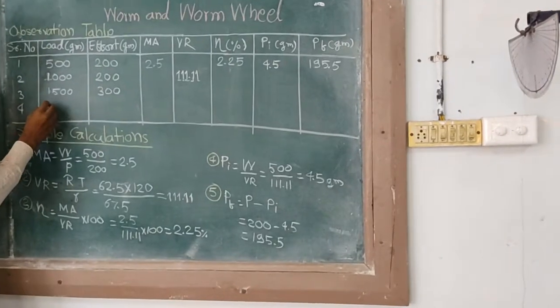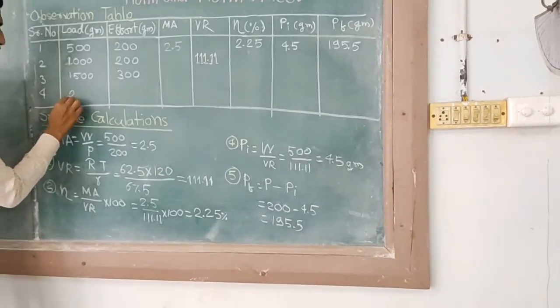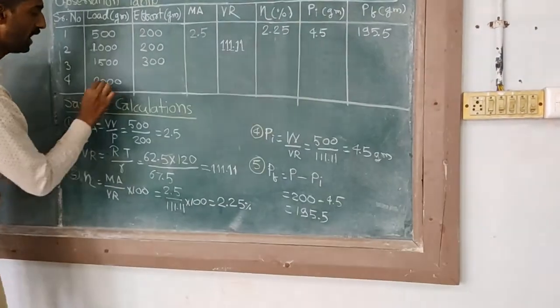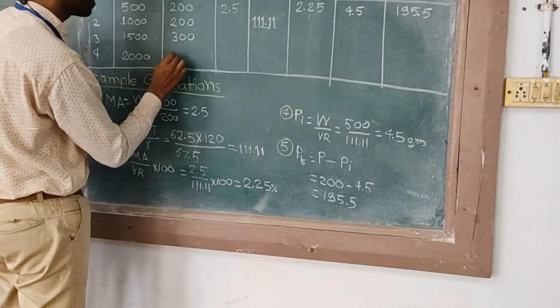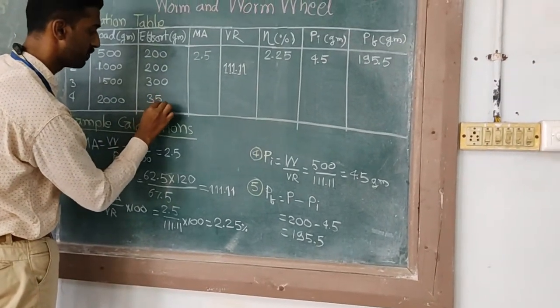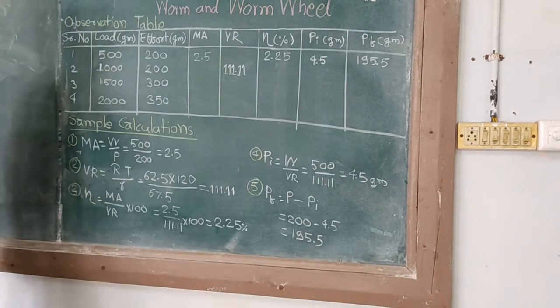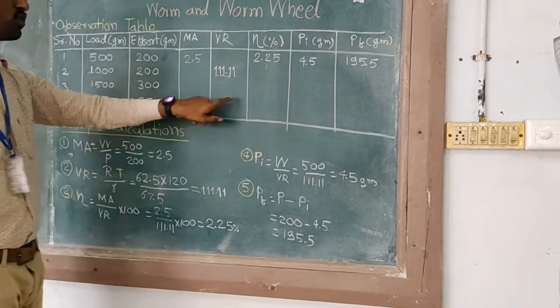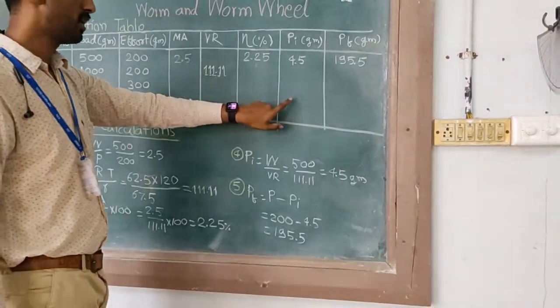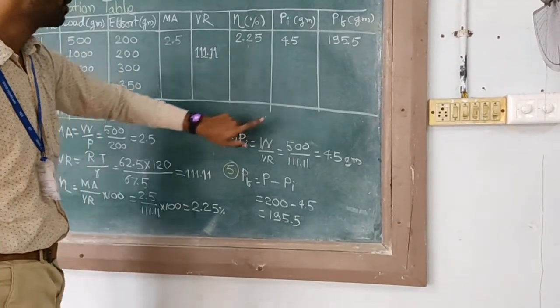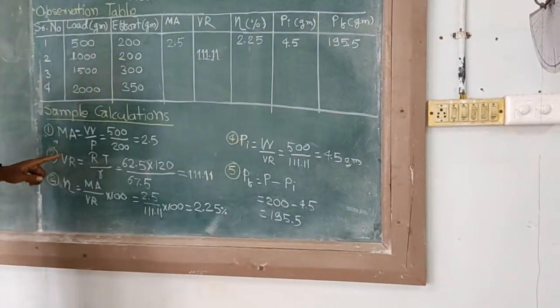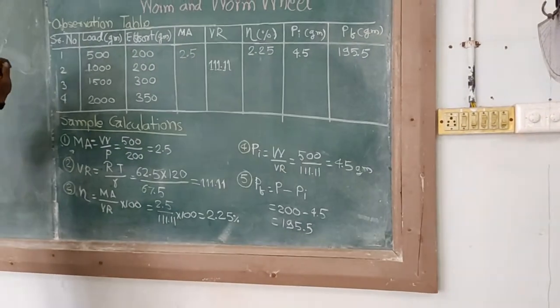I am going to note down this reading into the observation table. That is, the load lifted is 2000 and effort required is 350. We have to calculate all the remaining values, that is the MA, efficiency, PI and PF. After the completion of this observation table, we have to draw a graph.